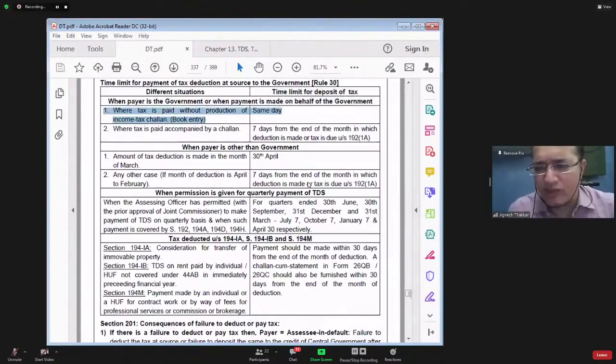So in this case, what is happening? Actually, payment is not made. Actually, money is not flowing from the bank account of Ministry of Education to the Ministry of Finance. The Ministry of Finance, Ministry of Education, everyone will have a separate bank account. So TDS amount is not flowing from the bank account of Ministry of Education to the bank account of Ministry of Finance.